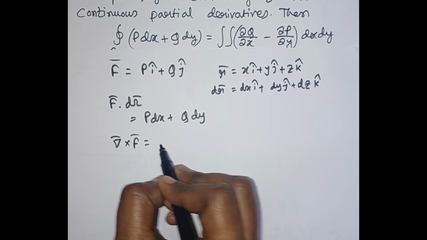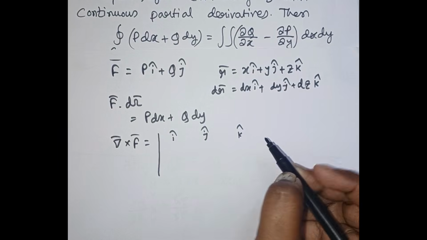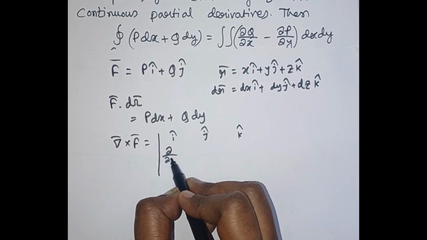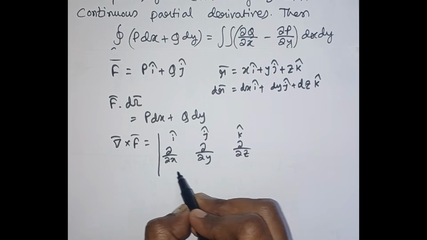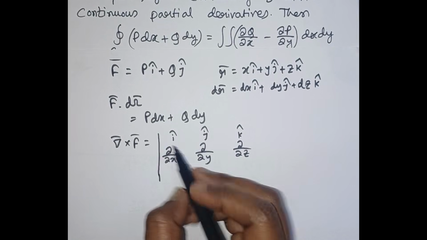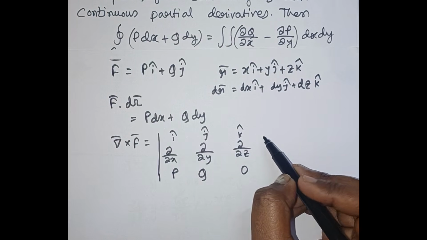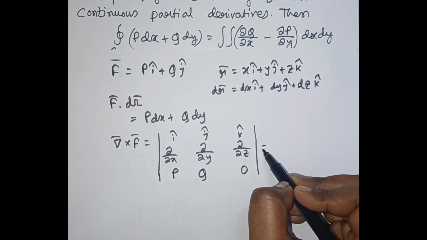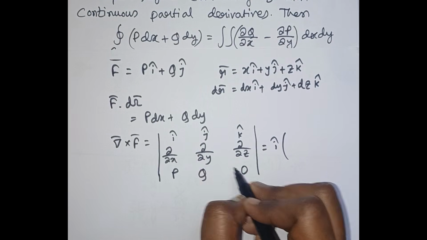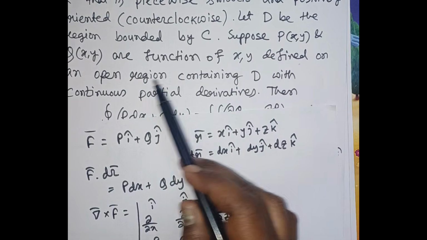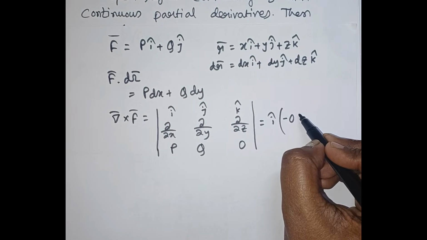Now let us calculate the curl of F. We know the formula for curl is the determinant with rows i j k, del x del y del z, and F is Pi plus Qj, so P, Q and 0. Now we have to expand the determinant, so i into, we multiply corner-wise, but P and Q are functions of x and y.